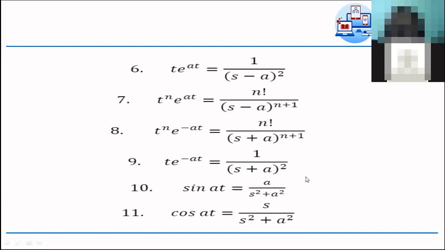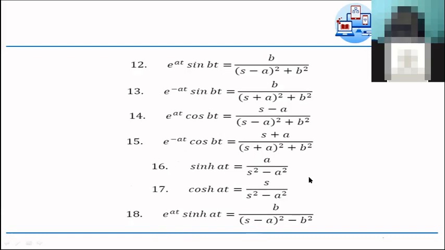Next, review the trigonometric functions of the Laplace transform. Sine a multiplied by t is equal to a divided by s squared plus a squared. Cosine a multiplied by t is equal to s all over s squared plus a squared.